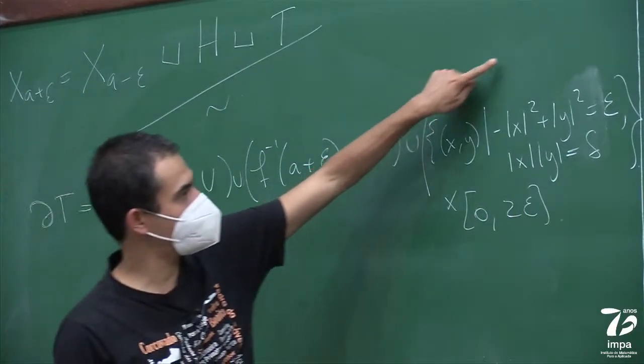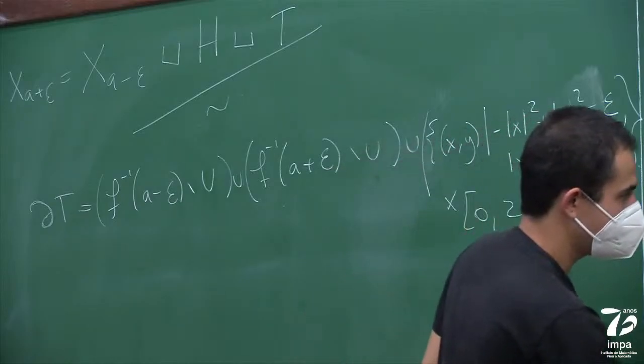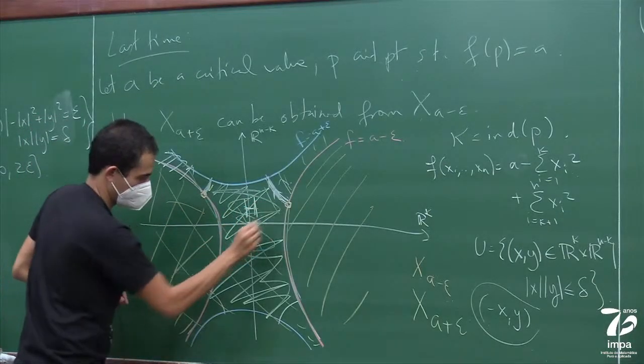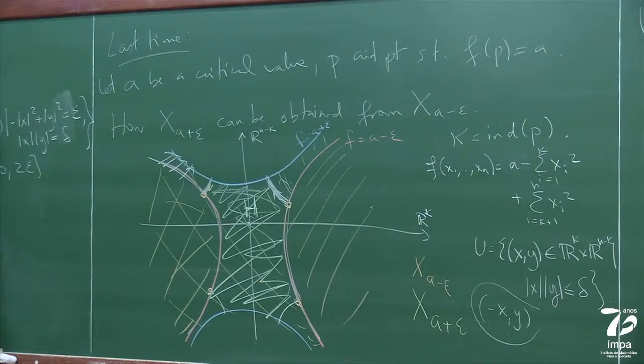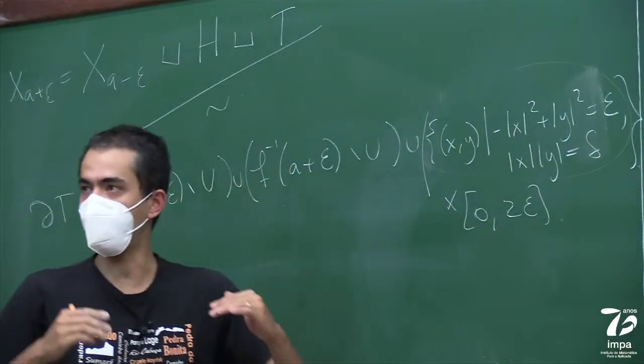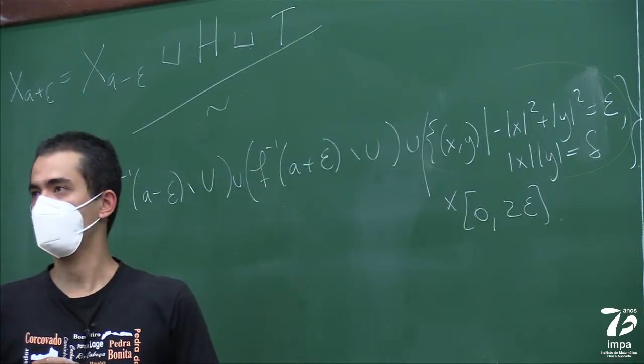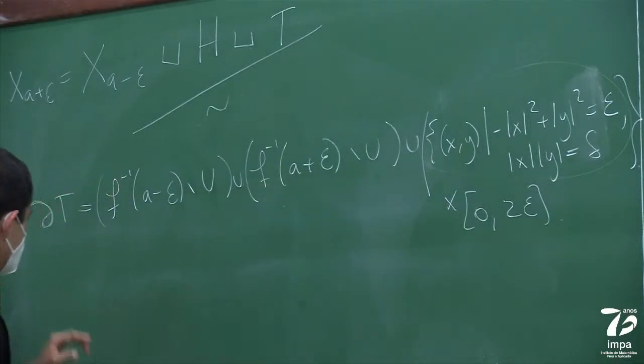So in this picture, this guy here are these points here, this orange part, and then times 0 to epsilon. Okay, so that's the boundary of T.